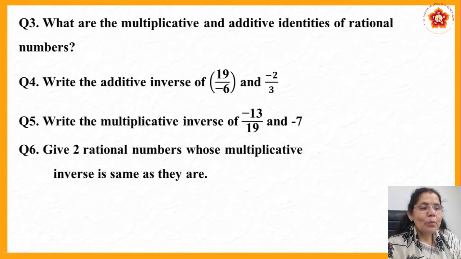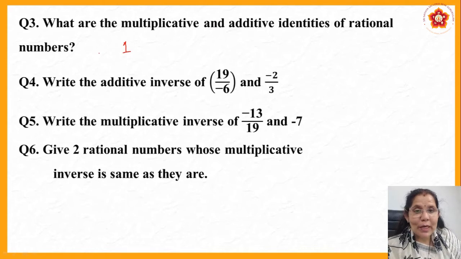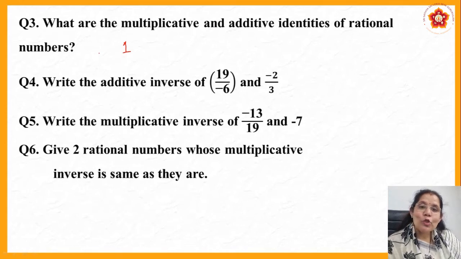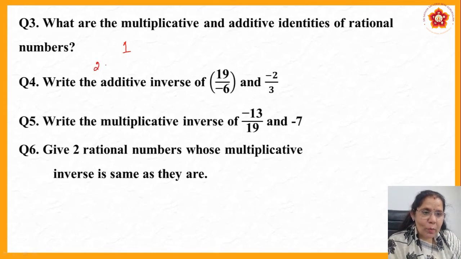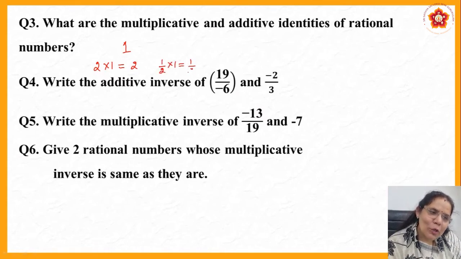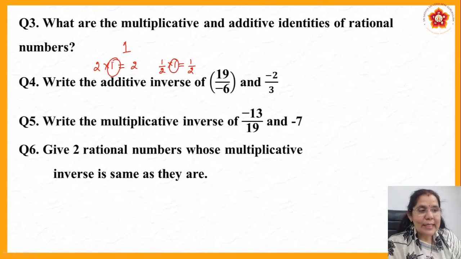What is the multiplicative identity of a rational number? 1 is the multiplicative identity of a rational number, because multiplicative identity is that number by which you have to multiply the given number so that the number does not change. For example, 2 multiplied by 1 will give the answer 2. 1 upon 2 multiplied by 1 will give the answer 1 upon 2. So 1 is our multiplicative identity.